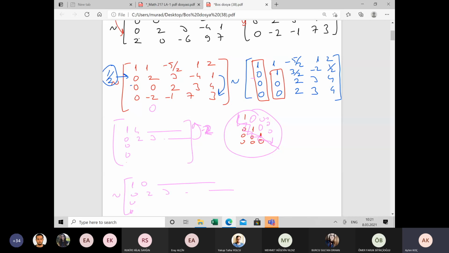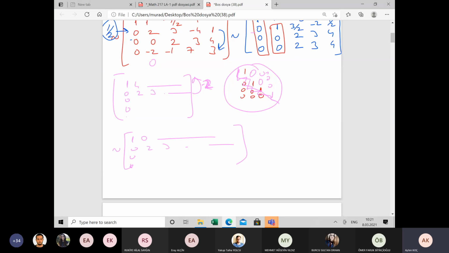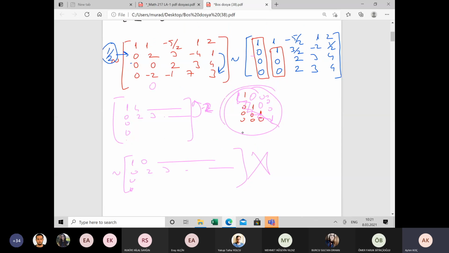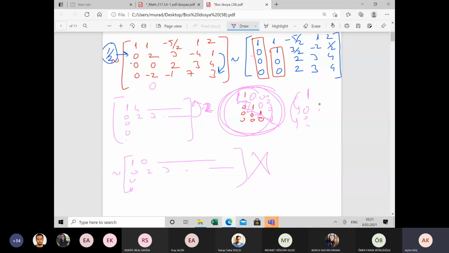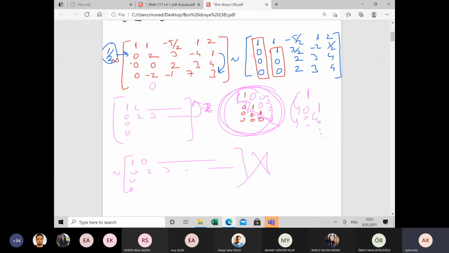It's okay, but I think it takes a lot more operations. It is not appropriate. But use this method: get the first one, and then get 0 0 here, and then get the next leading one, get 0 0 0, and then apply to this one. It means not a lot of operations to get the reduced row echelon form.